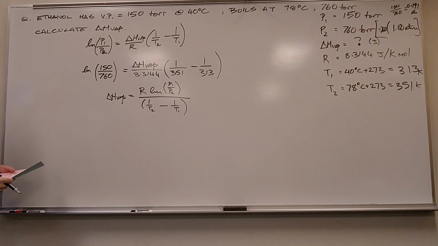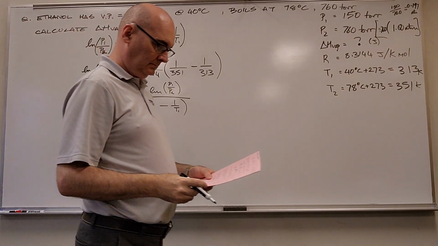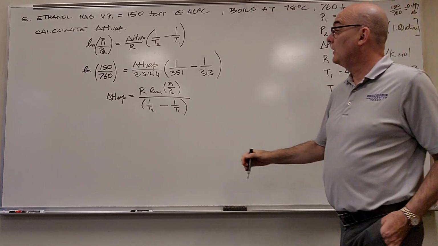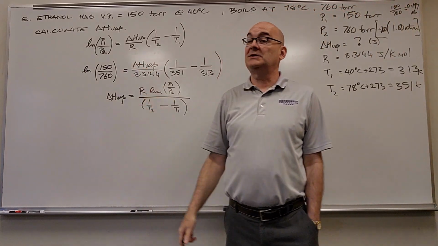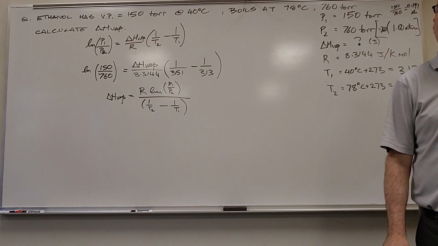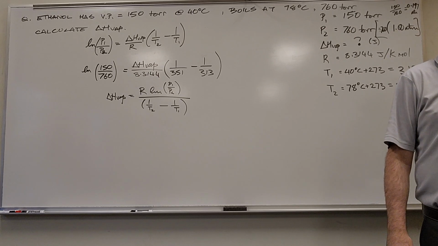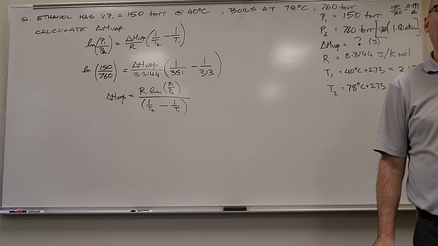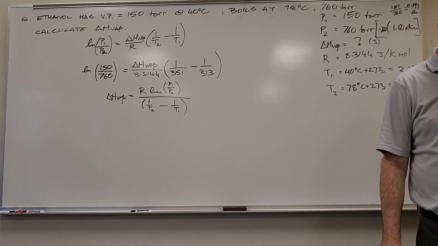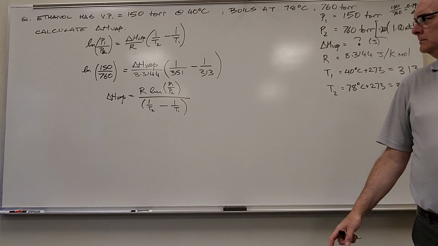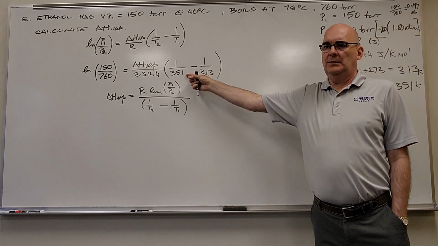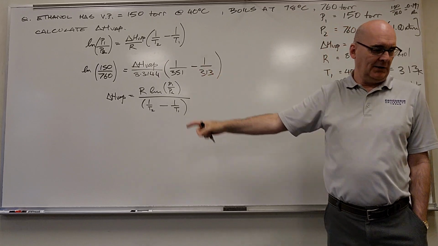Do it like that. Natural log of 150 divided by 760. That 150 divided by 760 is a number that is less than 1, so the natural log of that is going to be a negative number. That's negative 1.623. The fact that it's negative will be taken care of at this stage.